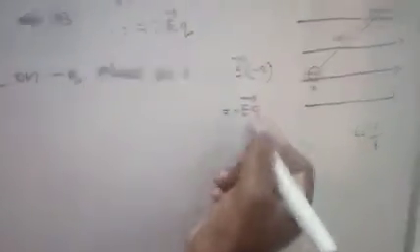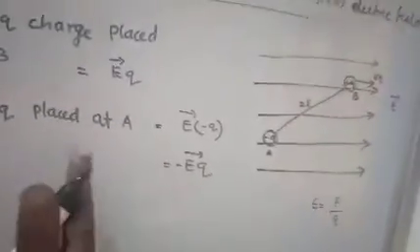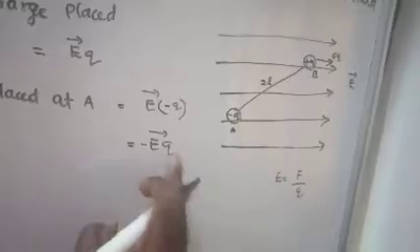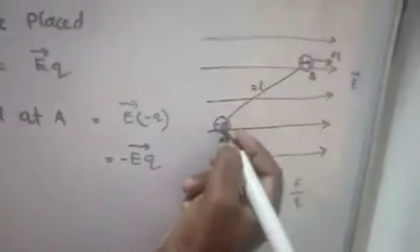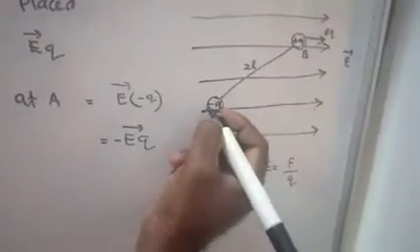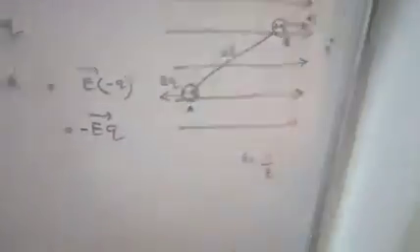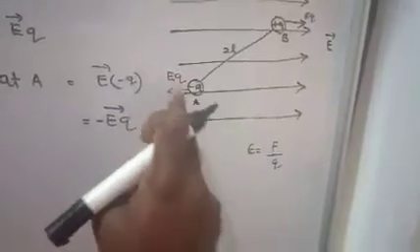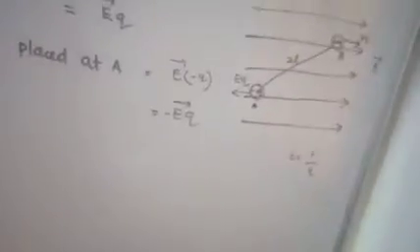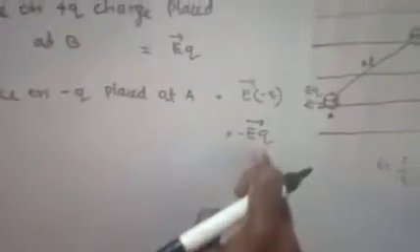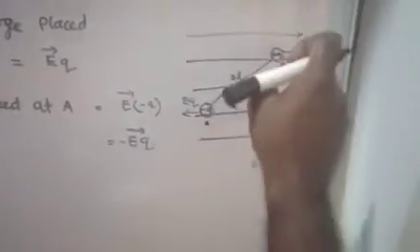What does this negative sign show? In a vector, if a negative sign comes, it shows the left side quantity and the right side quantity are in opposite directions. So here this minus sign shows minus Q will experience force in the opposite direction of E. This force is in the opposite direction of E, and that force is in the same direction of E, because this is plus Q and this is minus Q. Here you see two equal forces, opposite in direction, acting in different lines.